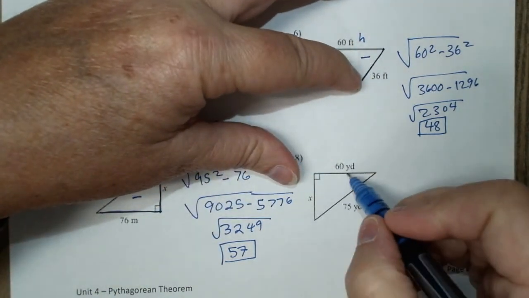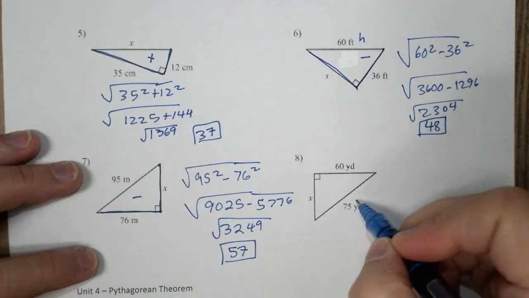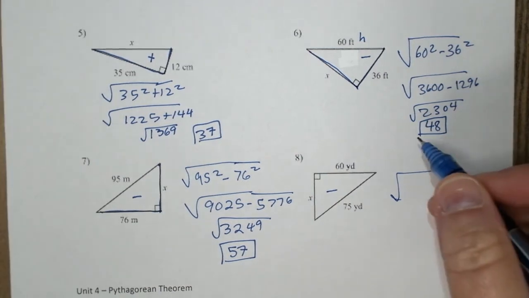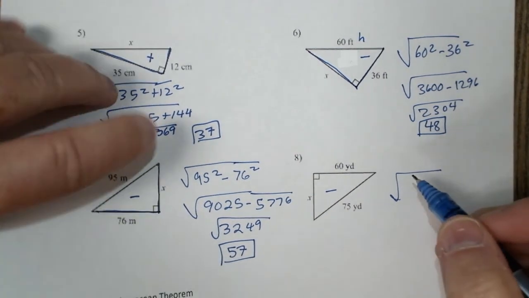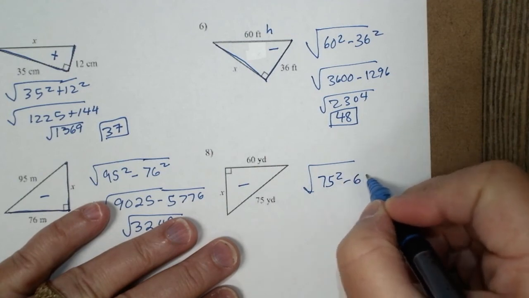This one, I have a leg. Here's the right angle. That's the hypotenuse. So I'm subtracting, square root of 75 squared minus 60 squared.